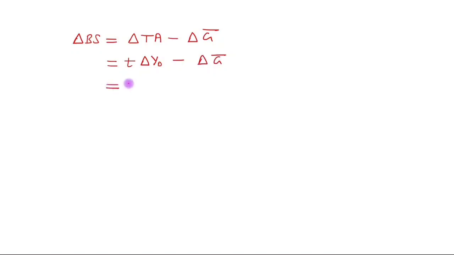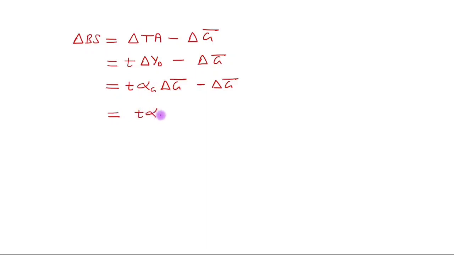Tax rate times change in equilibrium level of output is multiplier times change in G bar, minus change in G bar.